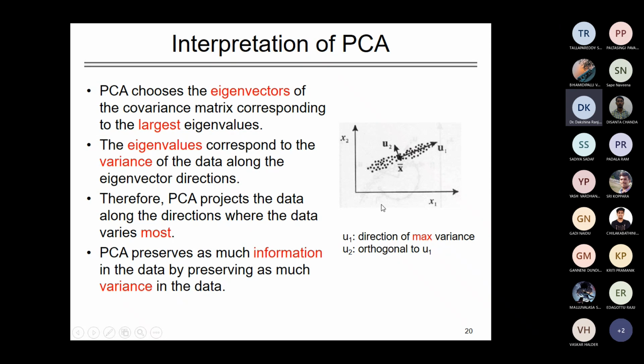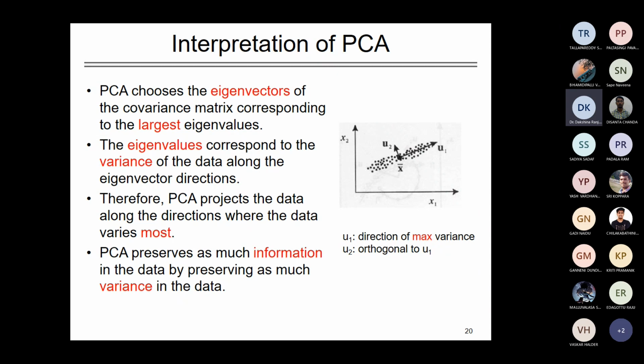So first we get the distribution of the data points in the xy coordinate plane, and accordingly we get the centroid value, and then we shift the centroid value to the origin of this coordinate system, and then we project the data points along the direction of the straight line that we are getting.